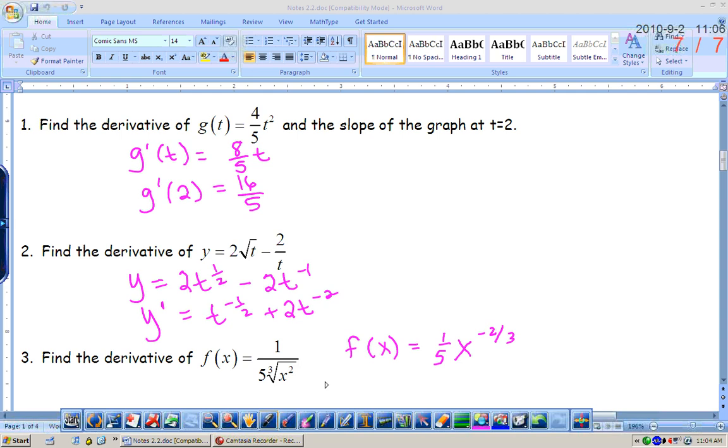There are no exponents attached to that, so I cannot bring it up to the top. Remember that when you write exponents as fractions, the top number is the power, the bottom number is the root. So therefore, f prime equals negative 2/15 x to the negative 5/3.